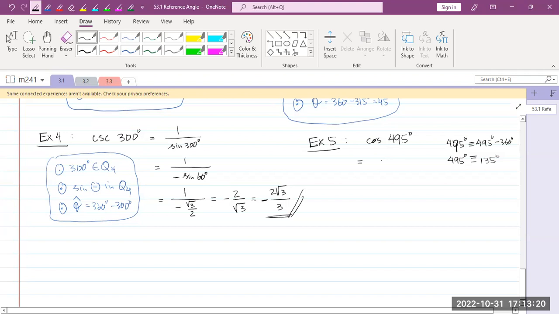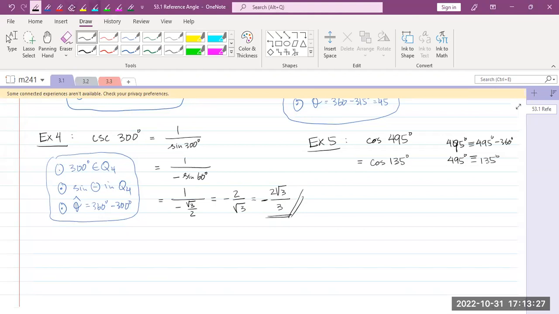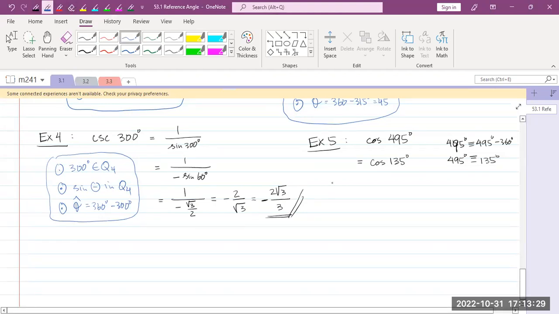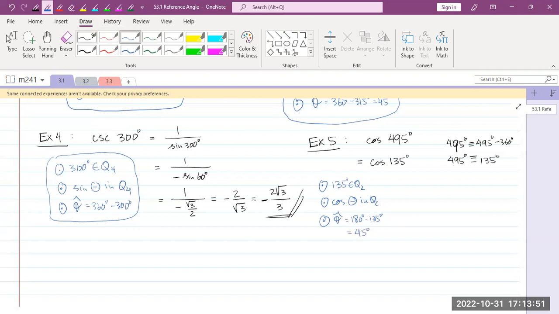So cosine 495 is equal to cosine 135 degrees. Now from here you see, okay, 135 degrees is in quadrant 2. In quadrant 2, cosine is negative. The reference angle is 180 degrees minus 135 degrees. That's 45 degrees.